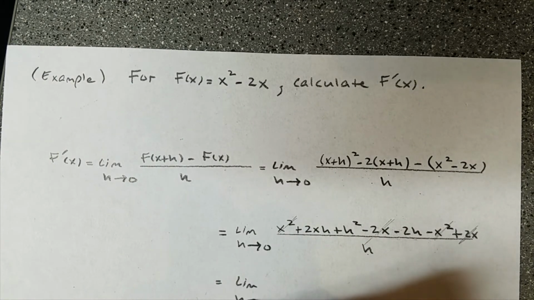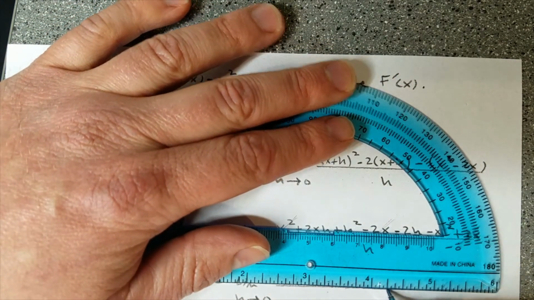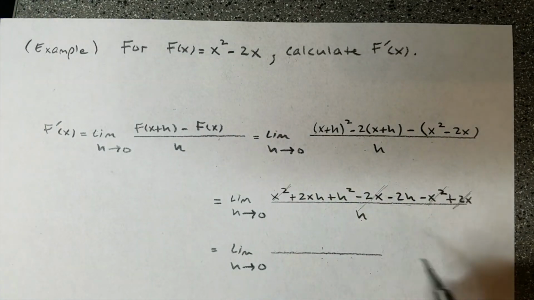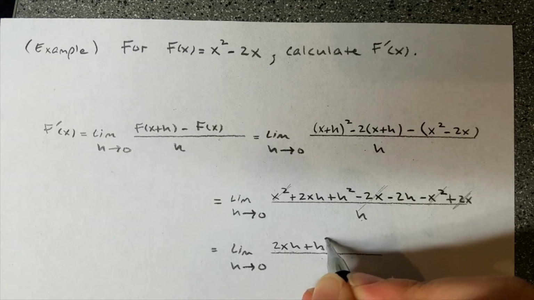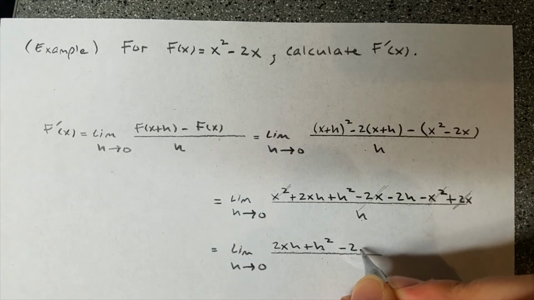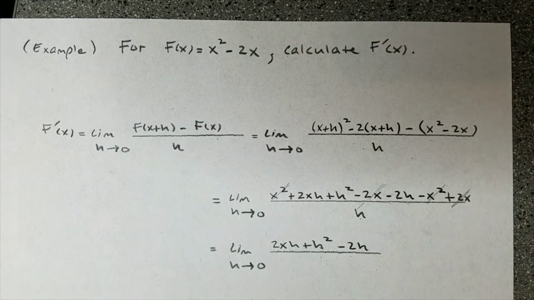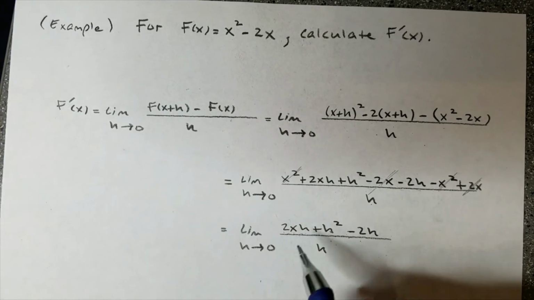Let's collect it all together and have another look at it. So after my little bit of algebra is done and some canceling is done, I get (2xh + h² − 2h) over h. Now, I can reduce this further.